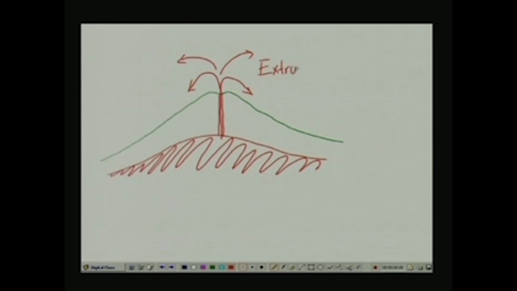This process of extrusion will bring the magma into a relatively cooler atmosphere, and the volume also is going to expand, and in the process the magma is going to cool down quite rapidly, and you are going to get solid minerals separating out of the magma, and that process is one of the processes involved in crystallization of molten matter.